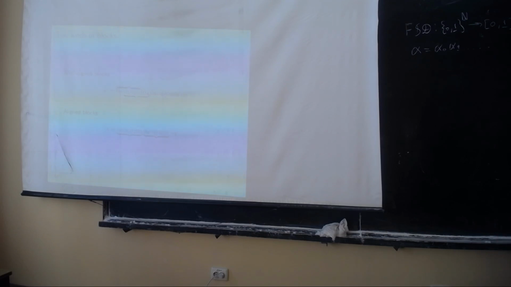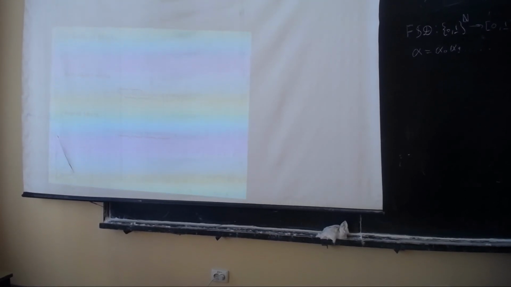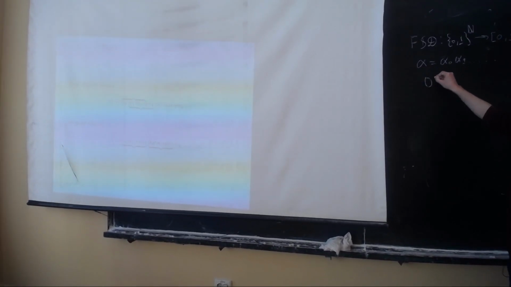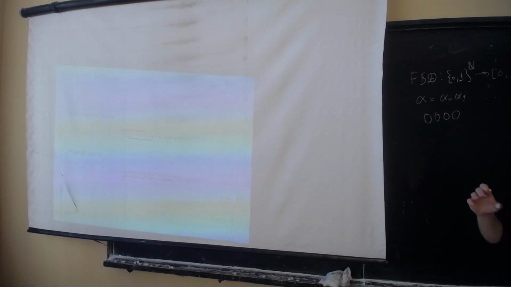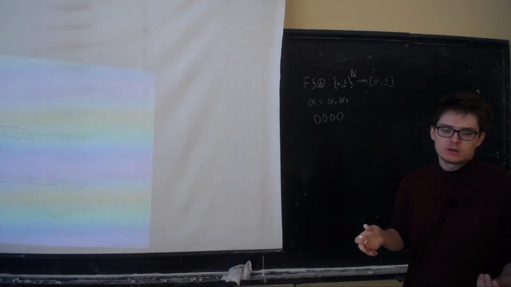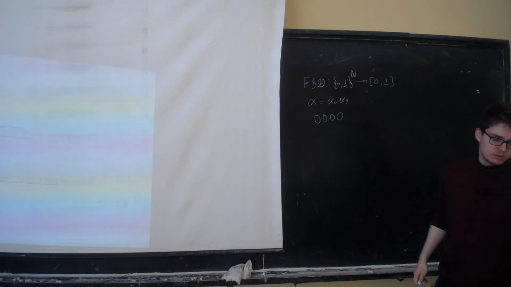We can look at the fraction of zeros in the sequence, or we can look also at blocks of larger length than 1, 2, 3, and so on. And look, for example, if you have some block, let's say 0, 0, 0, 0, what is the fraction of occurrences, if we take some very large prefix of our infinite sequence, that are equal to 0, 0, 0, 0, and so on.